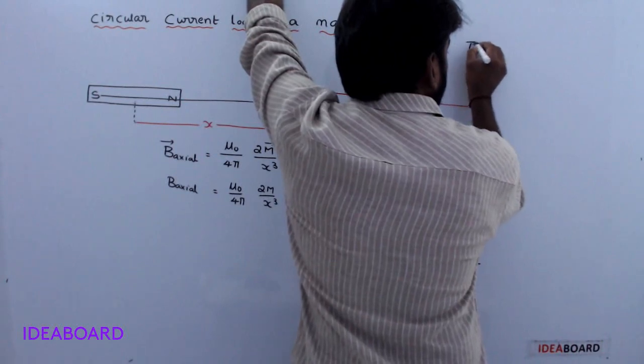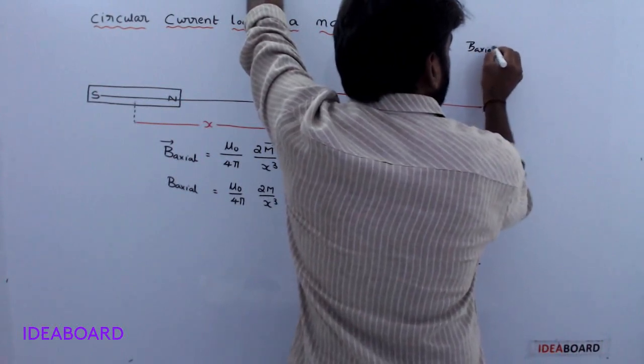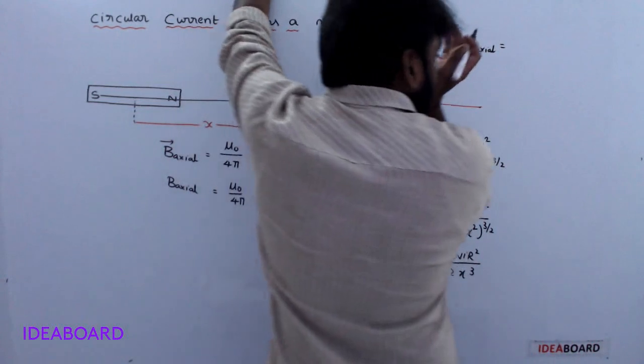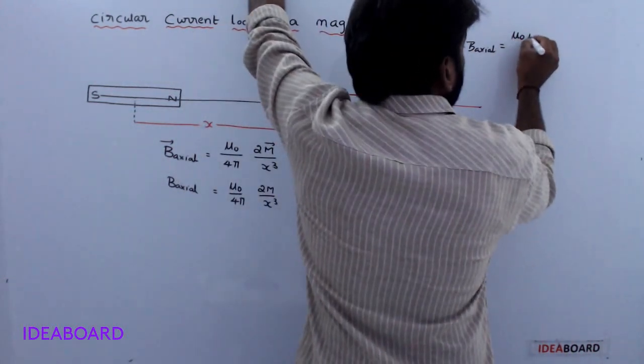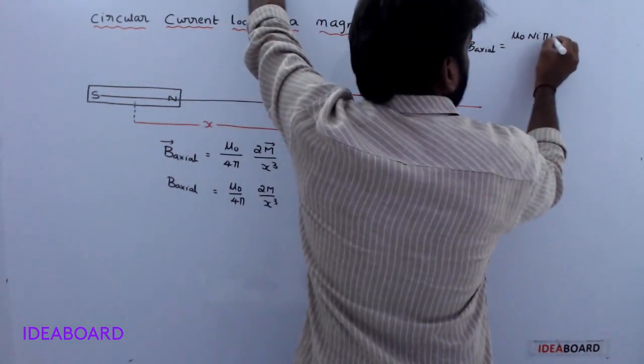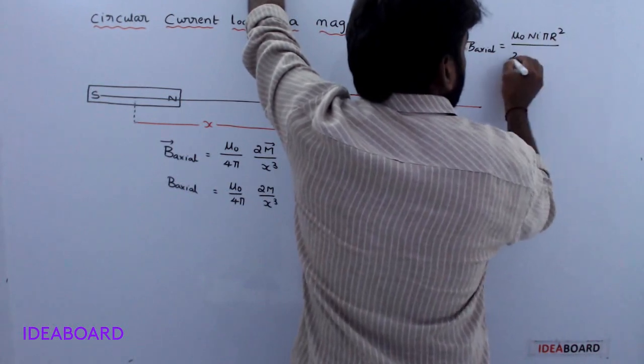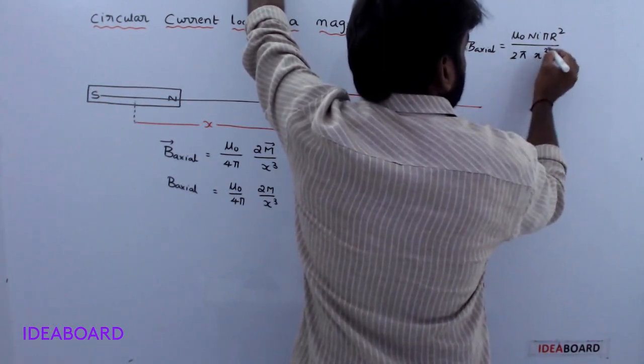See here, on the axial line, mu naught n I multiplied with pi r square divided by 2 pi x cube.